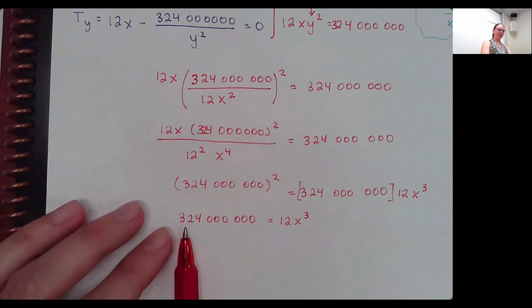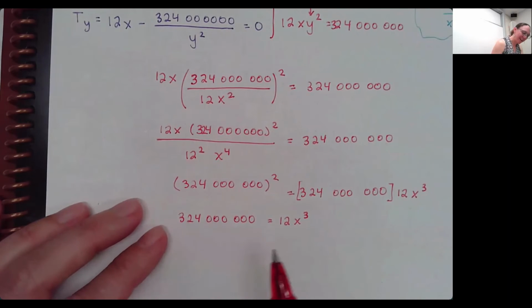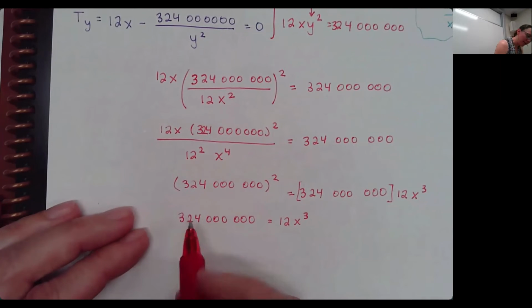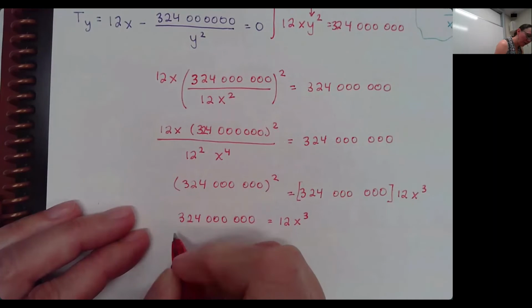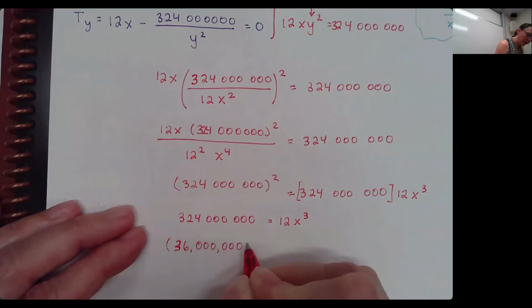And as a reminder, the 324, if I go back in time to the beginning of the problem, that 324 came from taking 36 million and multiplying it by 9.